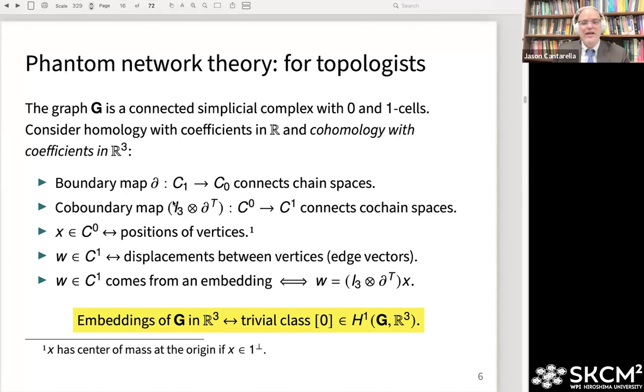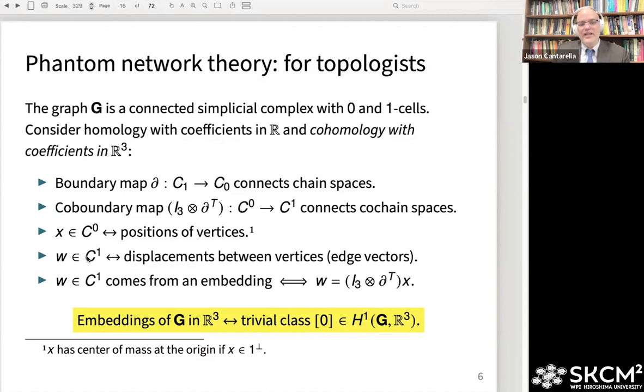The co-boundary map, as always, goes backwards. So it's going to connect cochain spaces by mapping 0 cochains to 1 cochains. Okay, so what are these cochains? Well, a 0 cochain is a map from linear combinations of vertices to R3 that's determined by its values on the individual vertices, which are just the positions of the vertices in space.